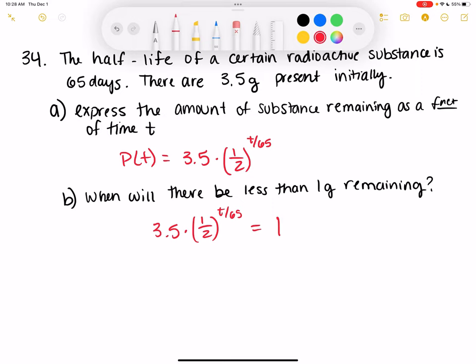Then I want y'all to see if you can solve that one and tell me what you get. Do we do 1? Because it says less than 1. Yeah, we still use 1, because you're going to end up getting a decimal, and you're not going to write all of the decimals.